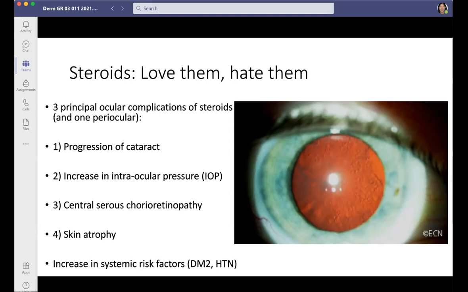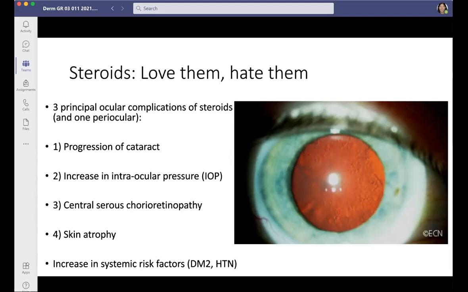The first one is if you are on steroids for a significant amount of time at a high dose, and I'll get into what that means, but that's typically many years of either high dose drops or high dose systemic medicine, then you can develop a cataract at a young age. It's a particular type of cataract.